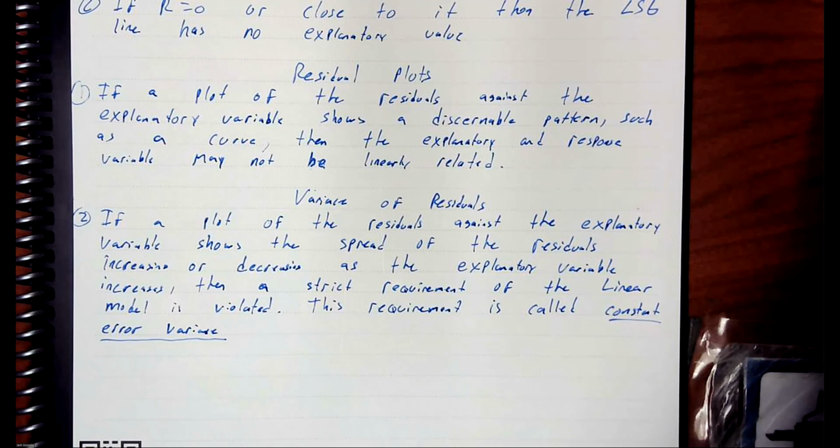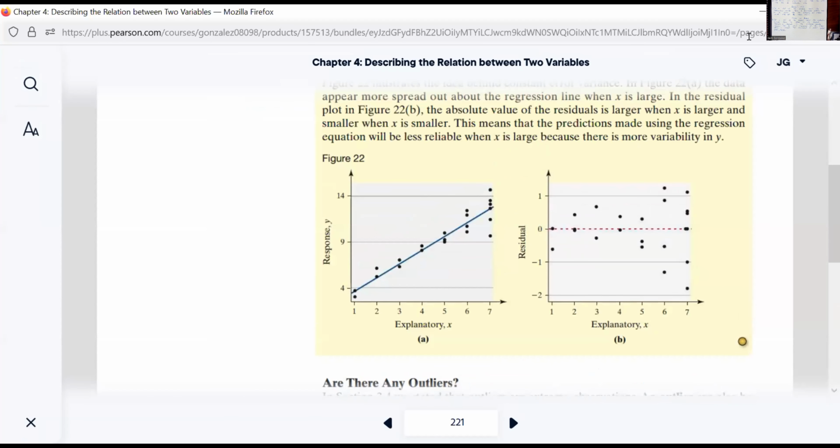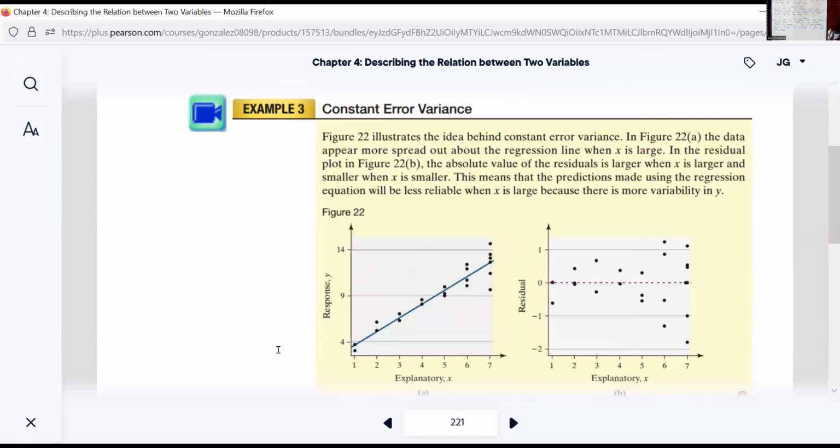Let me share the screen. This is the example they had before. They have this model, and the graph looks good, right? You notice that as the x value increases, the data is spreading out. This pattern shows the variance increasing.